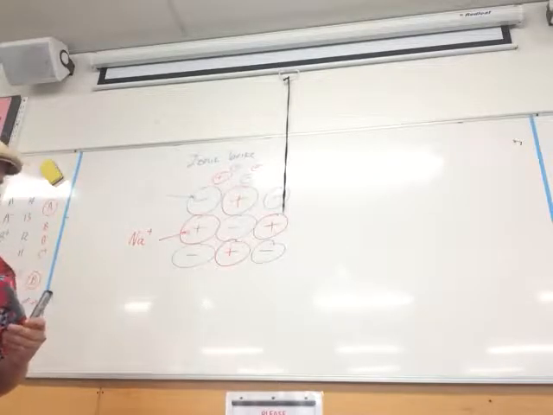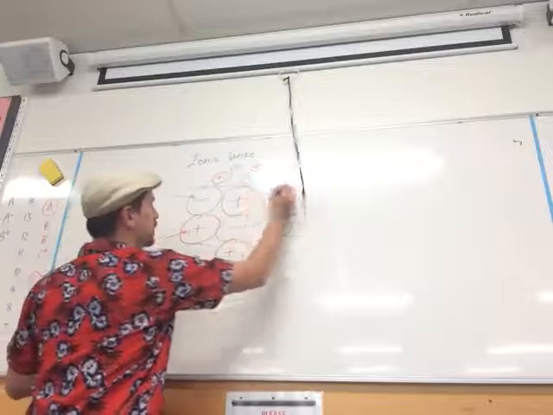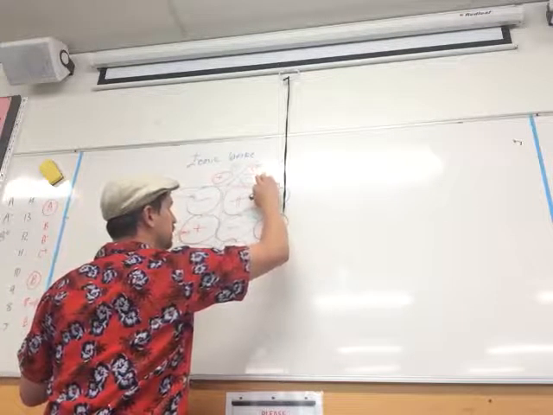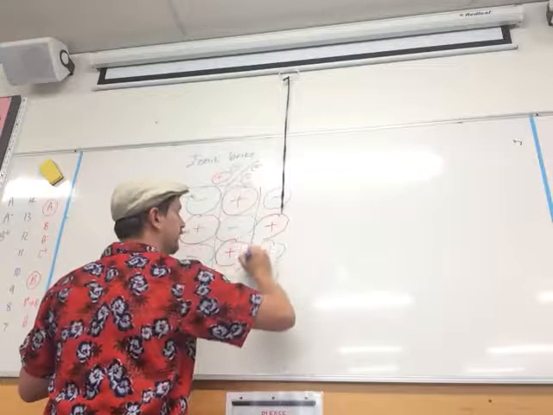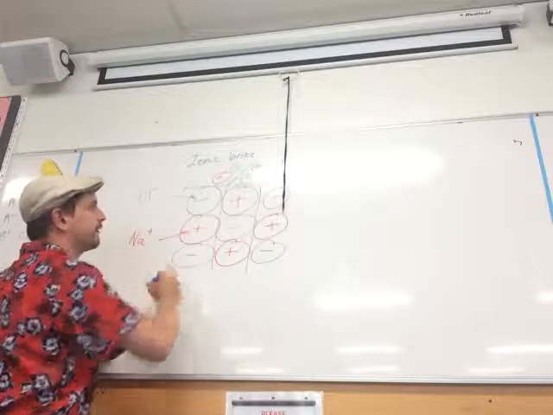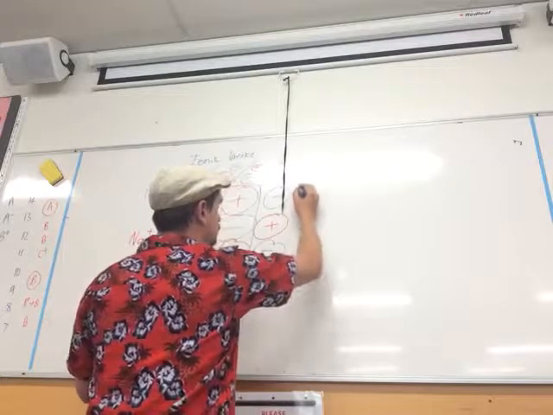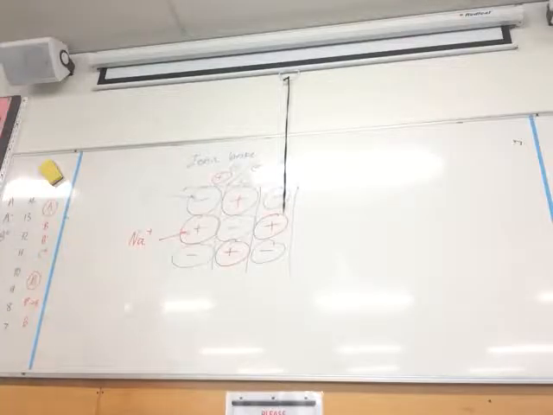It actually forms quite cube-like shapes. It isn't as great as I wanted it to be. Okay, it's three-dimensional. But it's the lattice. A lattice is when we have repeating units. All right? I'll leave it there.